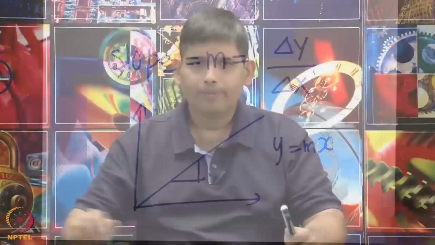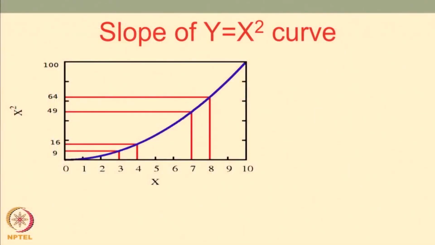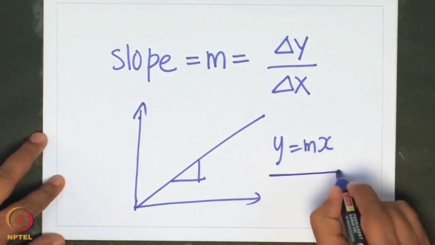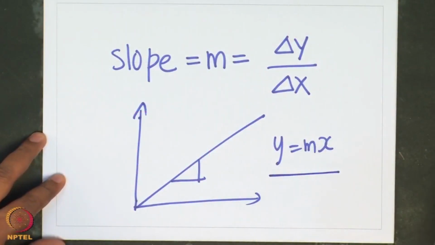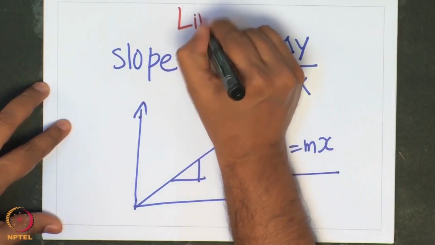We also briefly mentioned that if you have a curve like y is equal to x square, we can also find the slope, and how we do that we will see in detail today. The function y is equal to mx is a line, so it is linear.